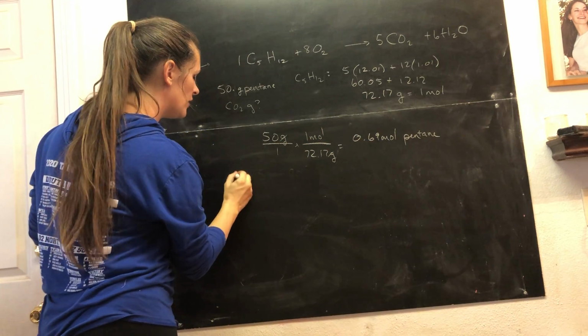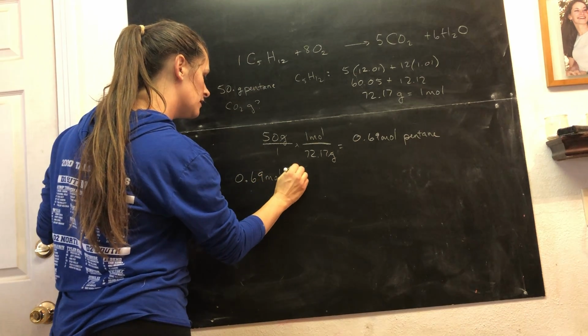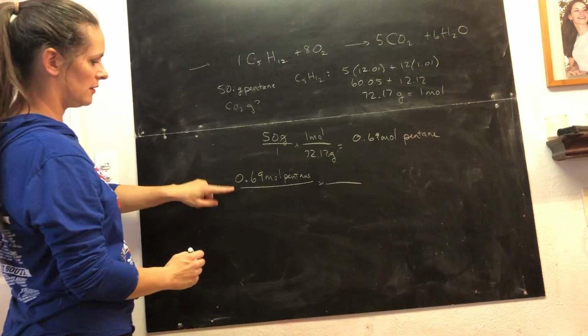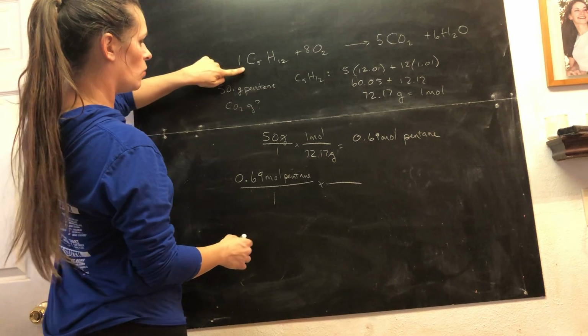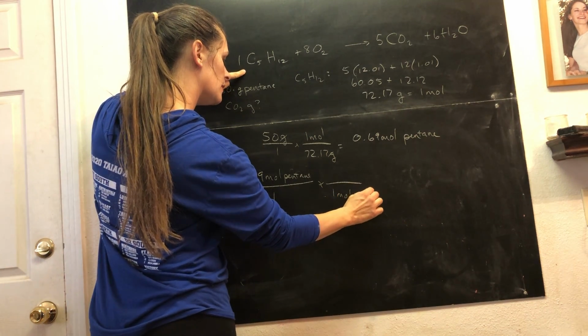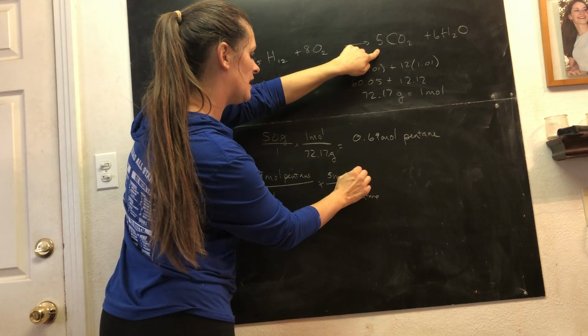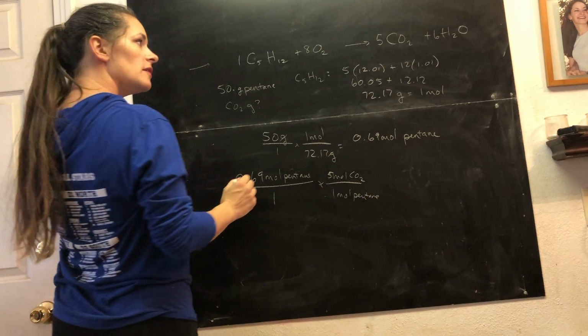So 1 mole of pentane is 5 moles of carbon dioxide. I have 0.69 moles of pentane, and I know that, put it over 1, make it times a fraction. I know that 1 mole of pentane yields 5 moles of carbon dioxide. Okay, so see how we can do that?